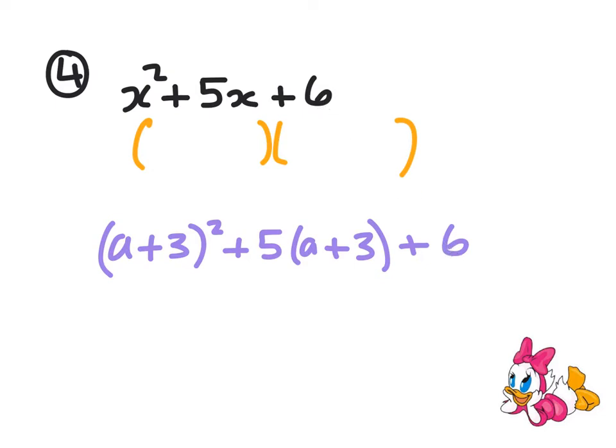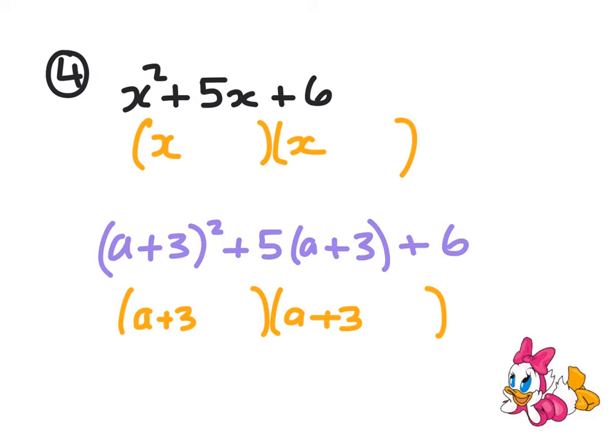So what you need to do for the second part of the question is 2 brackets again. Up the top here, we're going to have x and x at the start, but because we're replacing the x's with a plus 3, in the answer on the second part, we're going to have a plus 3 and a plus 3.